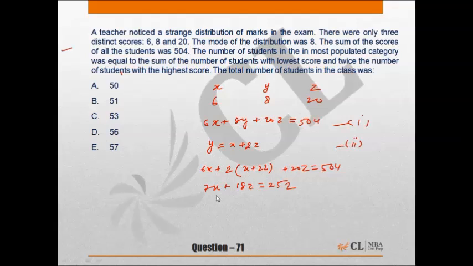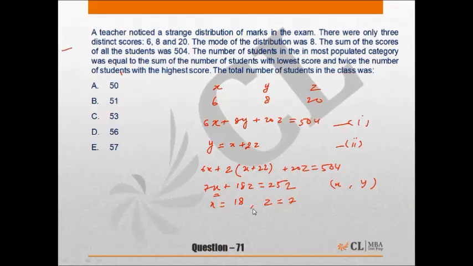Here both x and z are natural numbers, so we need to find the possible ordered pair of x and z with the help of this equation. And on checking we find that there is only one ordered pair for x and z, wherein x is 18 and z is 7.